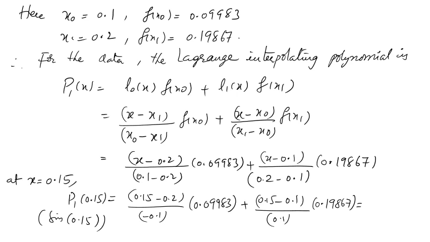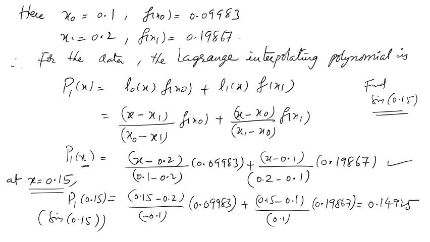So this value is finally 0.14925. In this problem, the question is to find the approximate value of sin 0.15. So after writing this polynomial P1(x), without finding the polynomial expression, you can directly put x equal to 0.15. Is that clear? Okay.